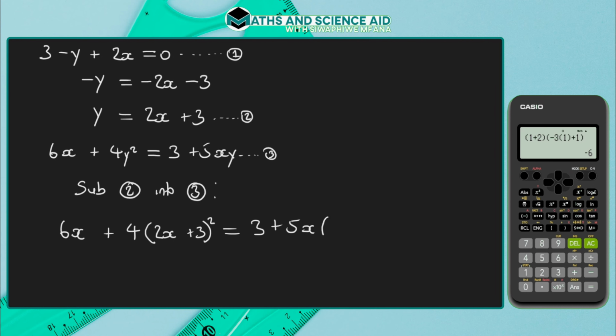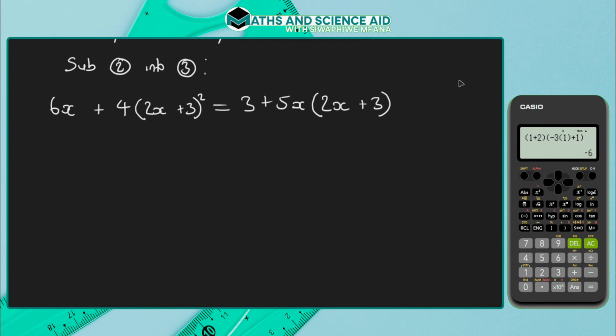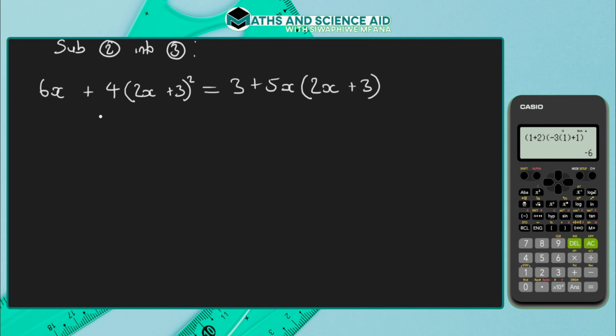And again, in place of y, we substitute 2x plus 3. Okay? And now the next thing that we need to do is to simplify this equation as far as possible. And to do that, we need to start with the brackets.